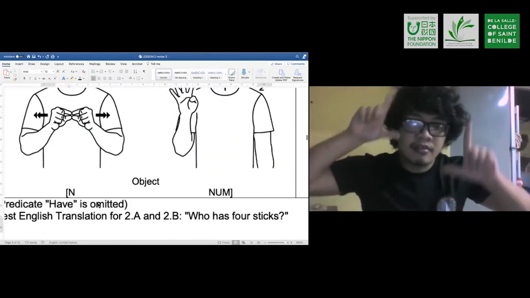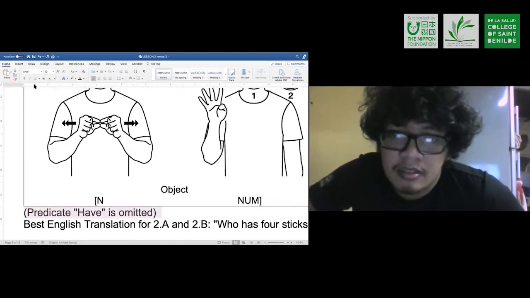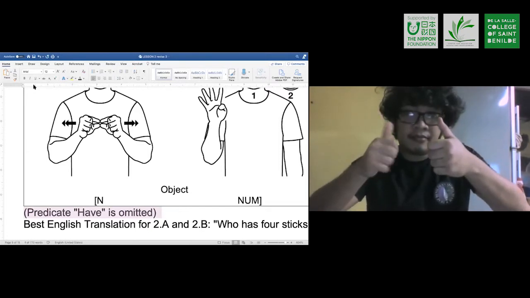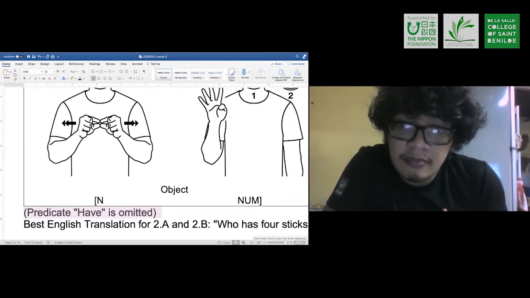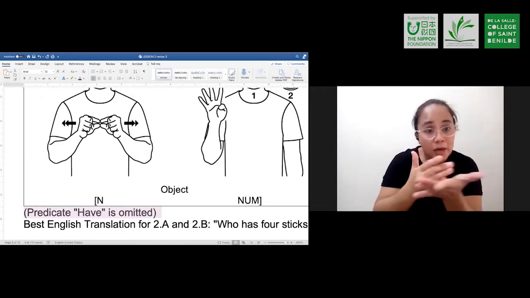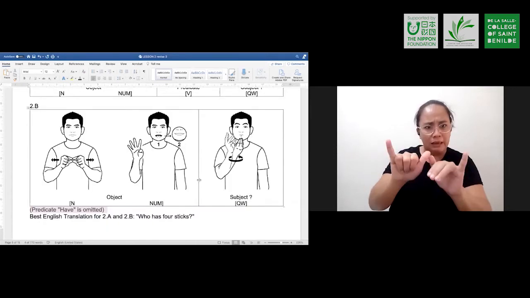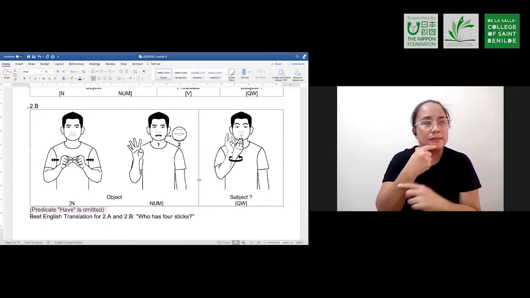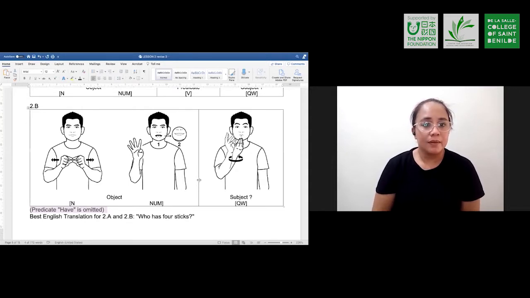Yeah, so maybe Shaq can zoom it in. Yes, or you can say manual's part of predicate have is omitted. You can leave it like it is, or you can say, manual. Okay.